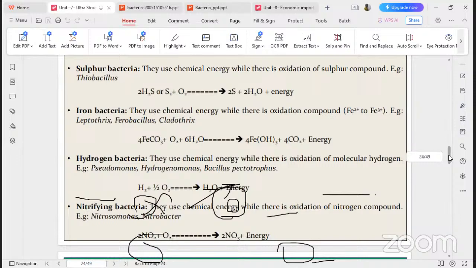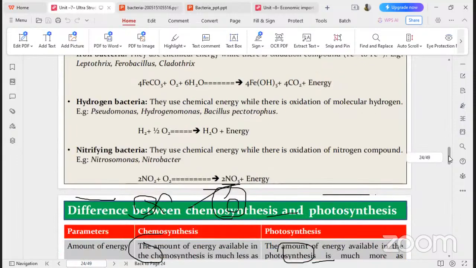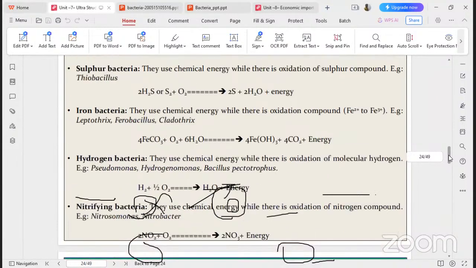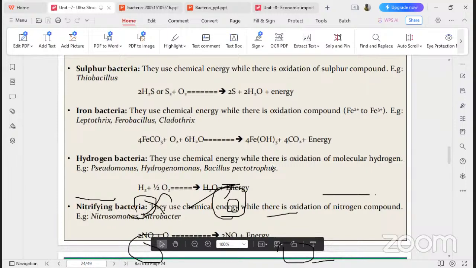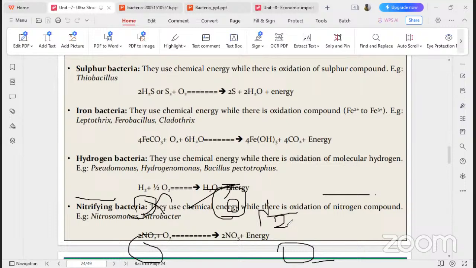And nitrifying bacteria. You know the nitrifying bacteria are of two types: Nitrosomonas and Nitrobacter. Nitrosomonas converts atmospheric nitrogen, N2, in the presence of oxygen, into NO2.